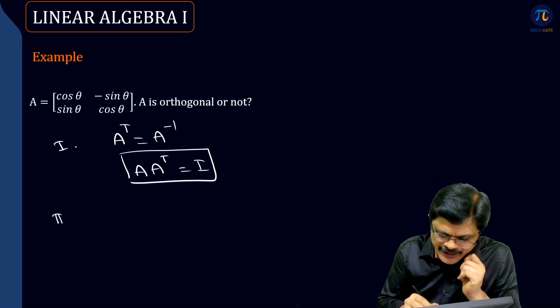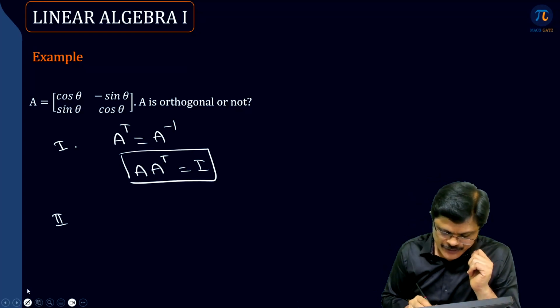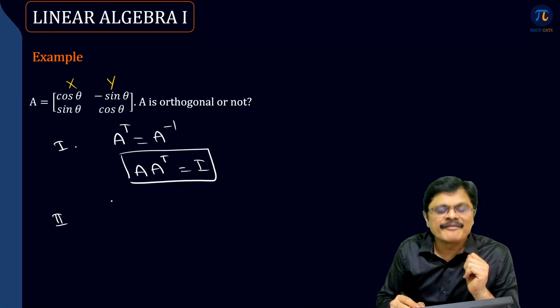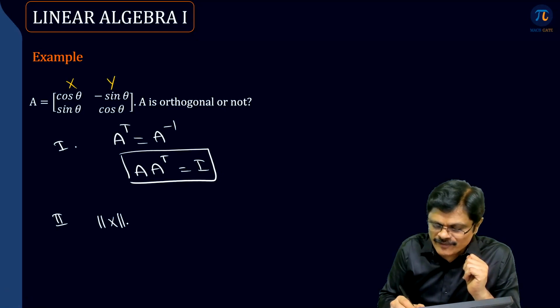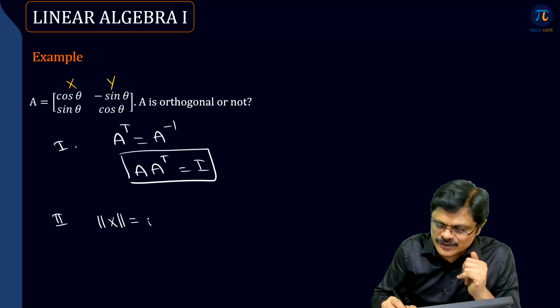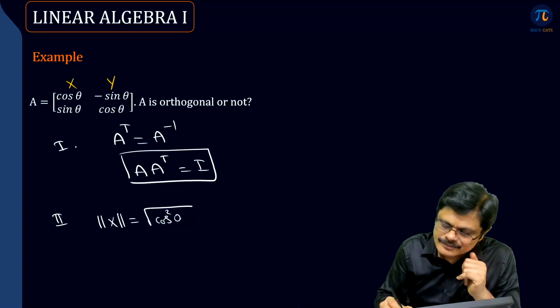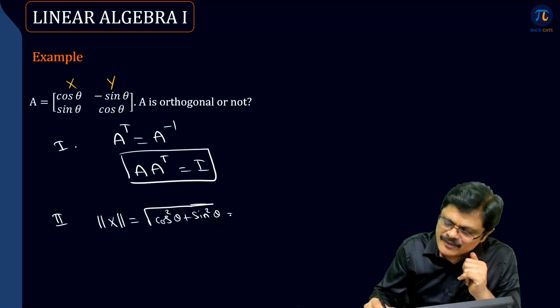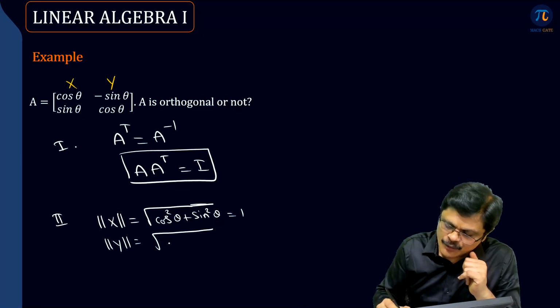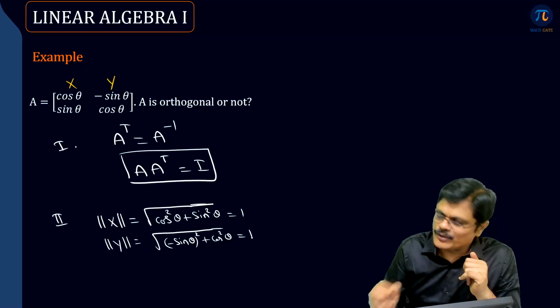Method 2 is, you just consider them as columns and check what these column vectors are doing. Check the length of x: under root cos square theta plus sin square theta, equal to 1. What is the length of y? Under root sin square theta plus cos square theta, equal to 1.